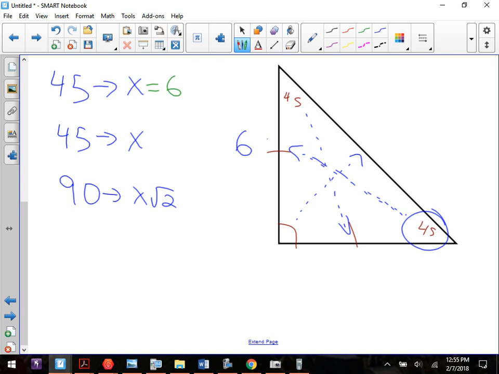So everywhere I see an x, what am I going to replace it with? 6. And those are my side lengths. Could I have done the Pythagorean theorem over and over again? Sure. Is this quicker? Yeah. Big time. So you have 45, 45, 90.